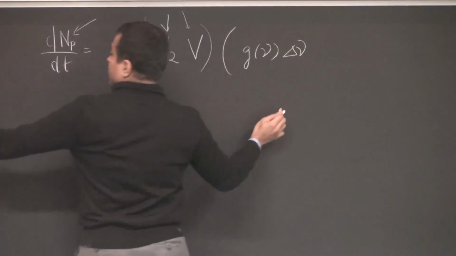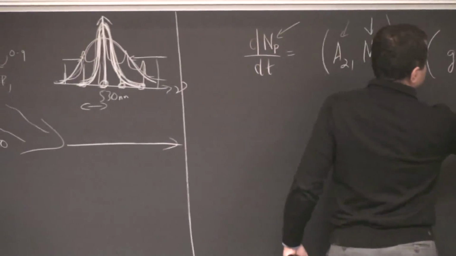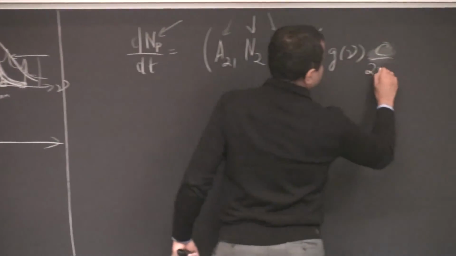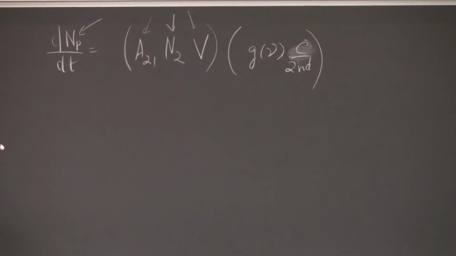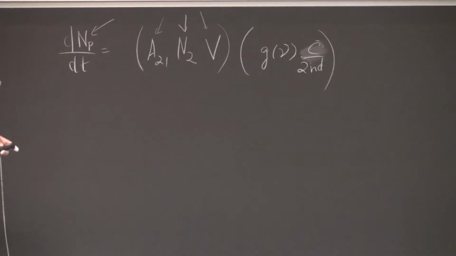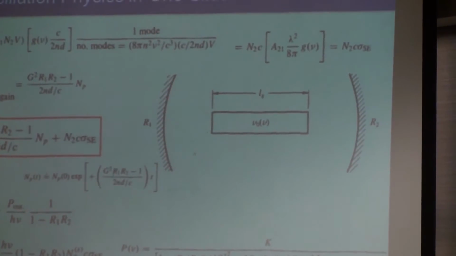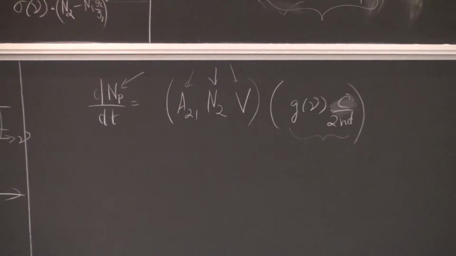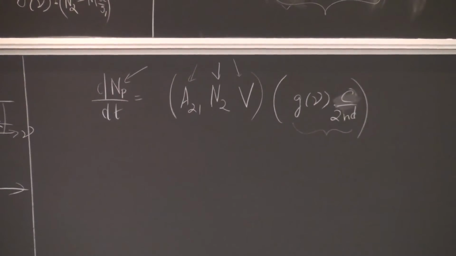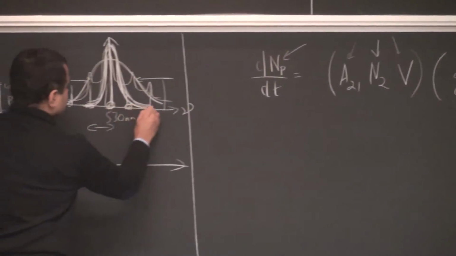FSR tells you that the bandwidth is delta nu, and we know what it is. It's 2 times C over 2nd. That's very straightforward. Inside your cavity like that, if the distance between the mirrors is D, then this is the number of modes, in some sense, it can potentially emit into, right? Does that make sense?